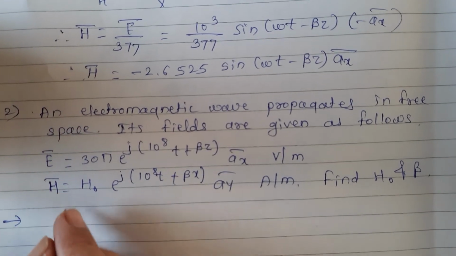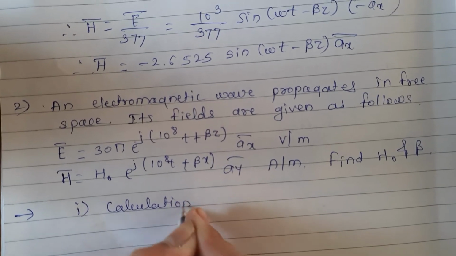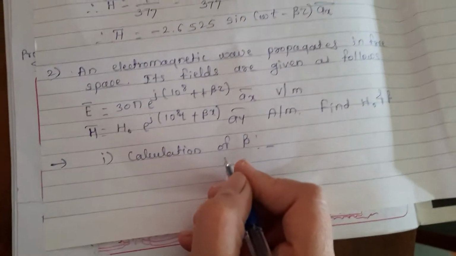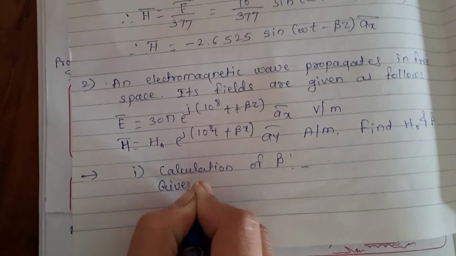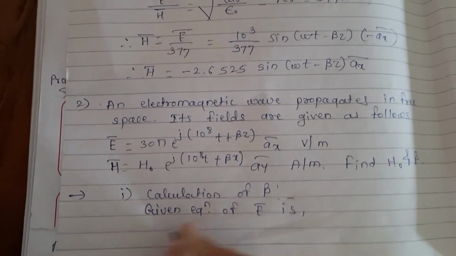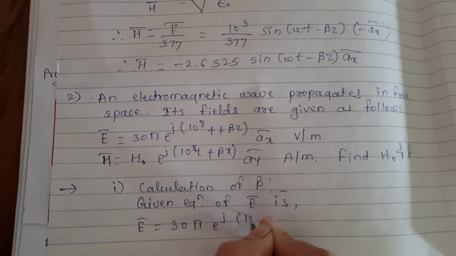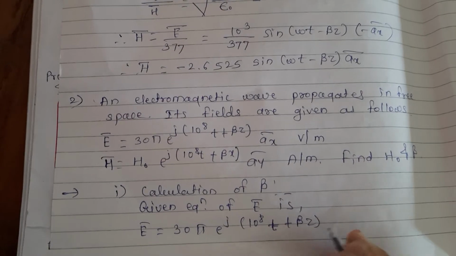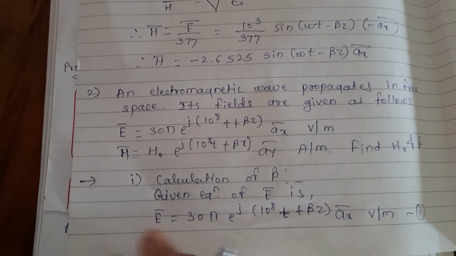Now calculation. First step is calculation of β. So the given equation of E is 30π e^(j(10^8 t + βz)) a_x volt per meter. This is equation 1.